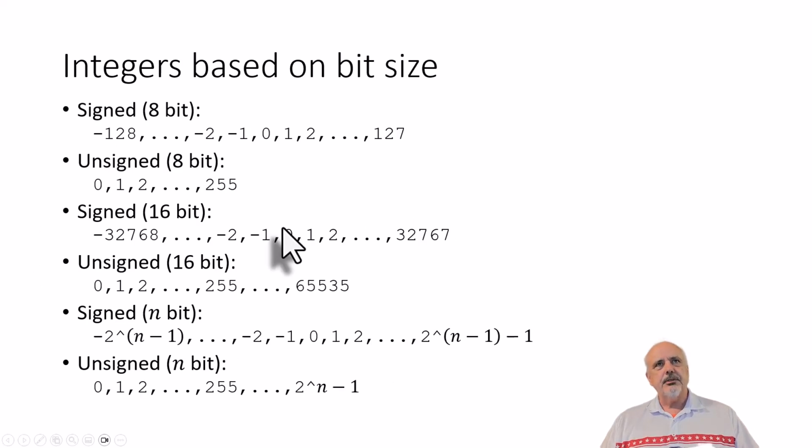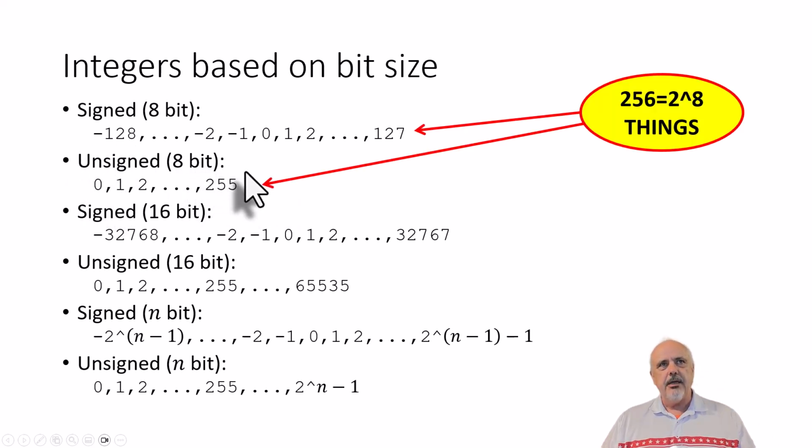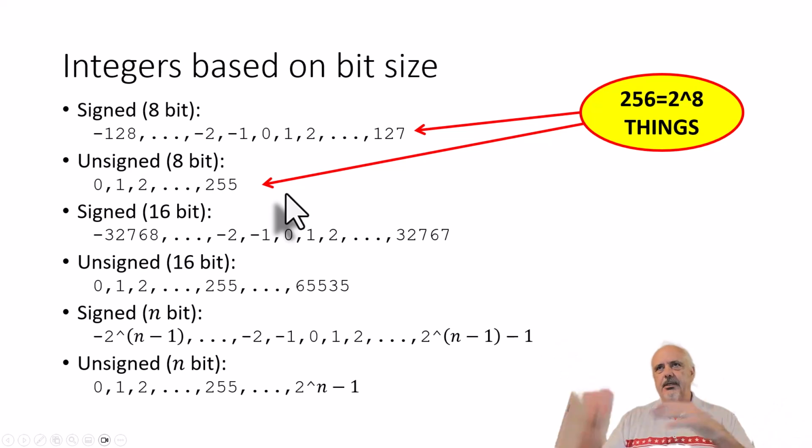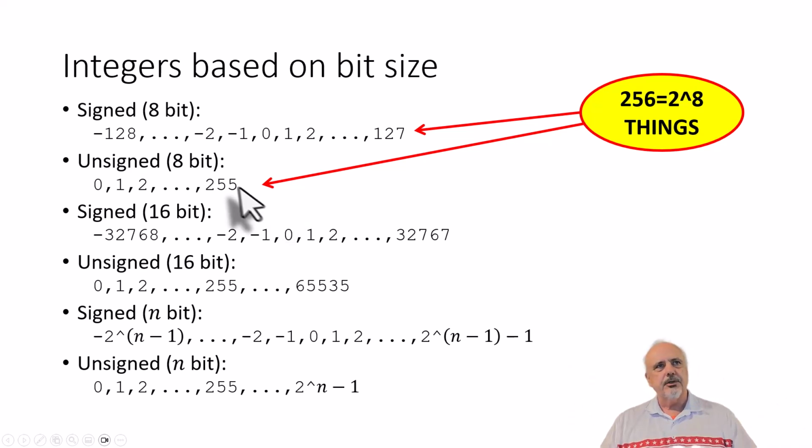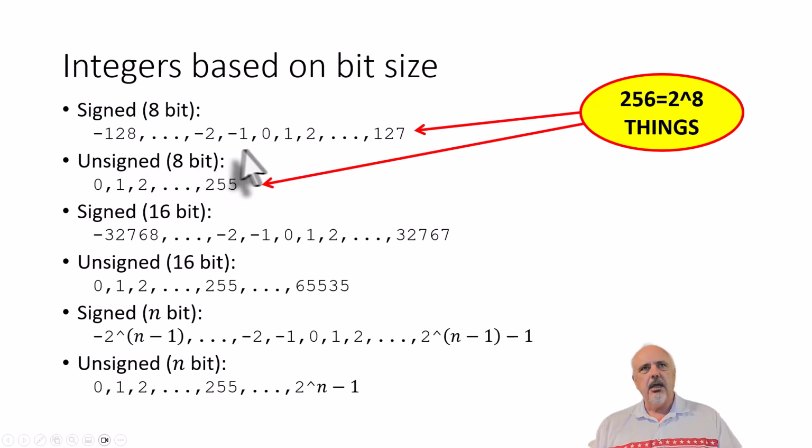If it's signed, there are 256 things either way you go with 8 bits. Either you're starting at 0 and going up to 255, that's unsigned, or you're starting at minus 128 and going through to plus 127. So that's what you can do for 8 bits.